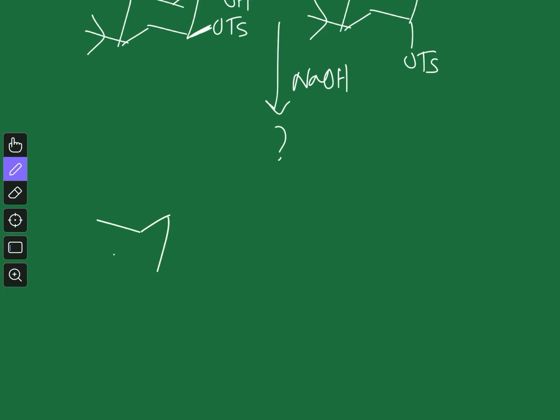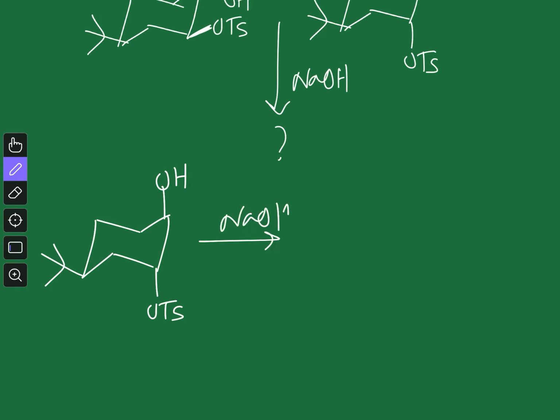So our first case is where we have OH axial and OTS, this is also axial. Now when you treat this with sodium hydroxide, first sodium hydroxide will deprotonate from here, so we will get O minus.